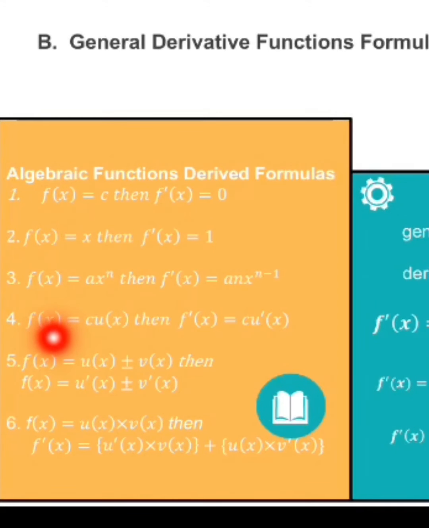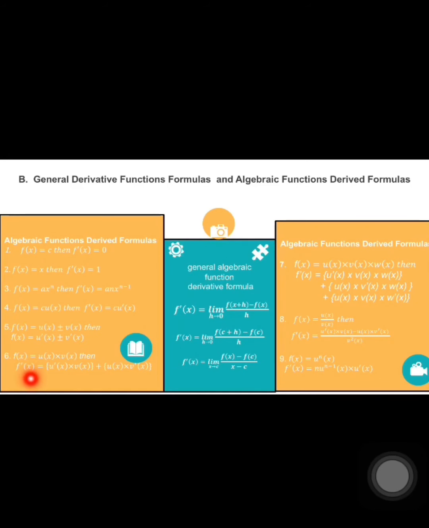Number 5. For this form, just derive one by one as usual. If f of x equal u of x plus or minus v of x, then f prime x equal u prime x plus or minus v prime x. Number 6.